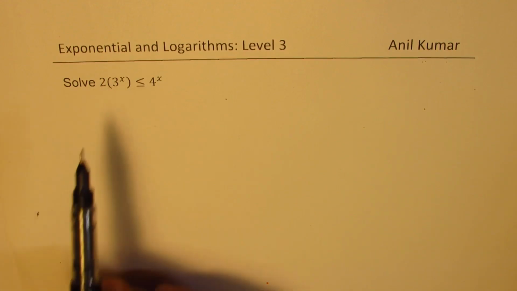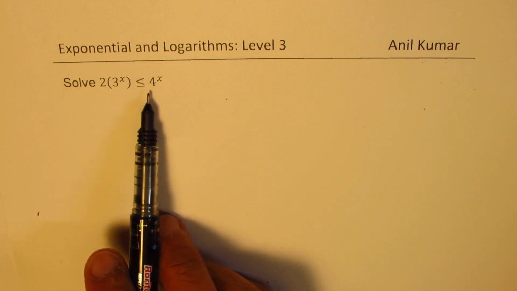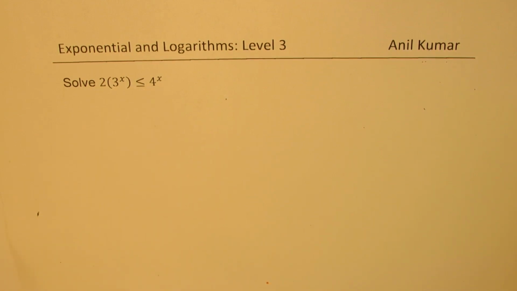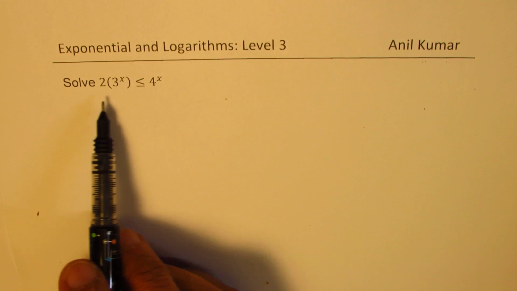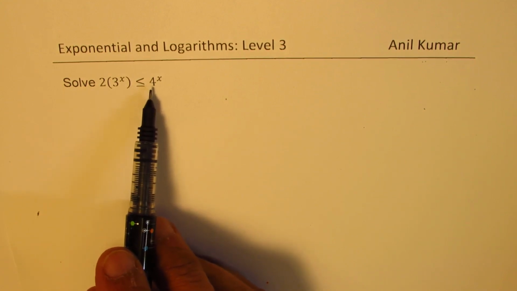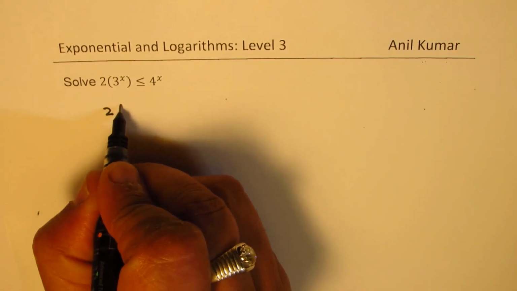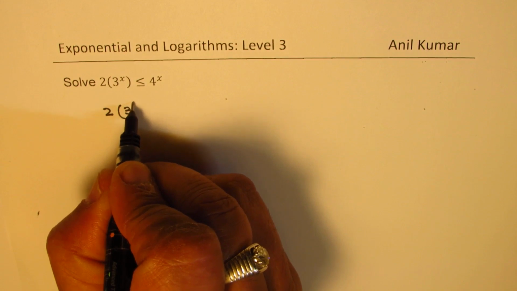Solve the inequality 2 times 3 to the power of x less than or equal to 4 to the power of x. So what we could do here is first divide by 2. Let's copy the question first.